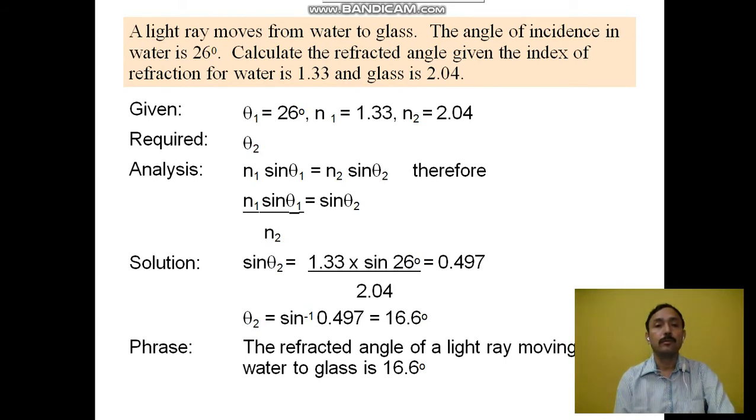Now come to solve a problem. Say a light ray moves from water to glass. Water is the rarer, glass is the denser. That is not stated. The angle of incidence in water is 26 degree.